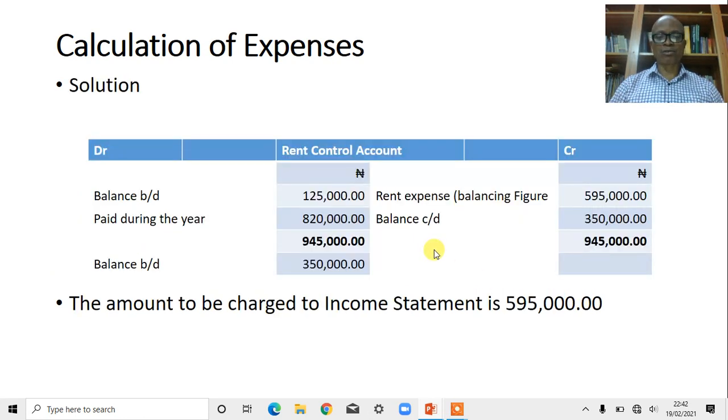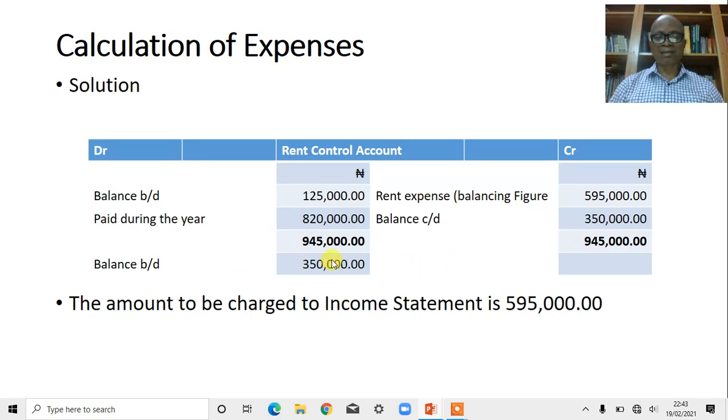So let's look at the solution. Rent control account. Balance brought down 125,000. And then balance carried down, because also a prepaid amount, we're going to be having a balance brought down figure of 350,000. So balance CD here carried down, and then balance brought down of 350.